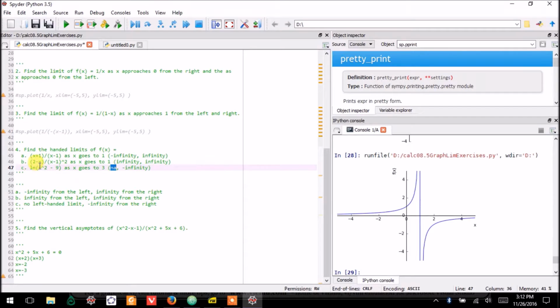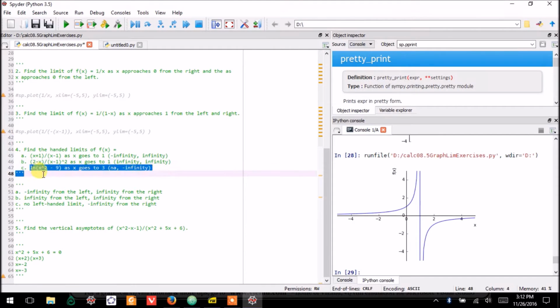What about from the right? Well, I plug in numbers that are slightly bigger than 3, and that means that I have a square that is slightly larger than 9. That makes this a number that is bigger than 0, but very close to 0.